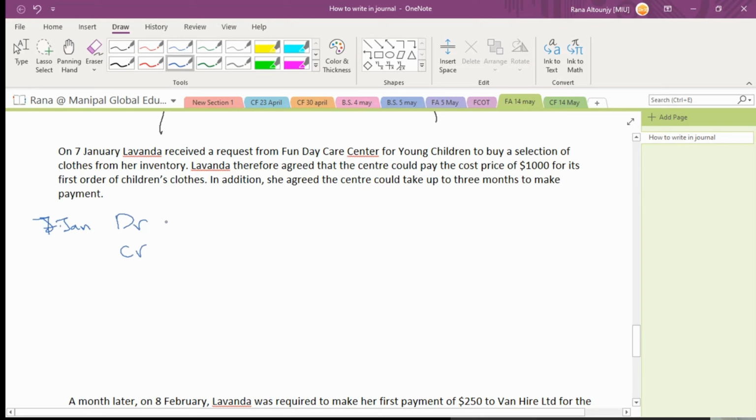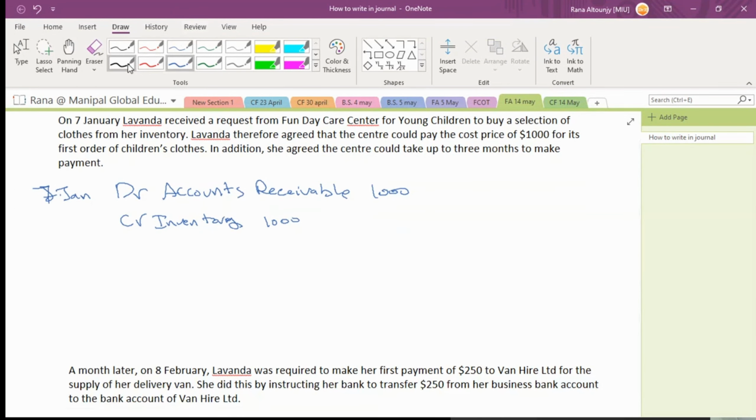They will take the clothes on credit, so the debit side will be accounts receivable. And the credit side will be the inventory or the clothes. The amount is 1,000. Then we open the T accounts. We open the 2 T accounts.